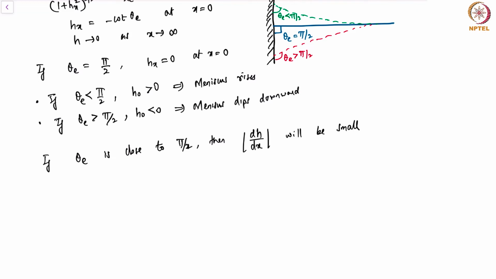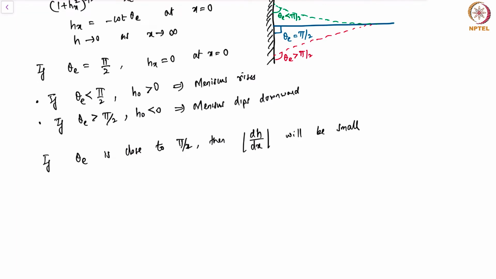So you can expect that if you are slightly away from pi by 2, let's say at an angle of 70 or 80 degrees, the meniscus basically does not rise too much, and it has a gentle slope, and this gentle slope means the slope dh by dx is small.